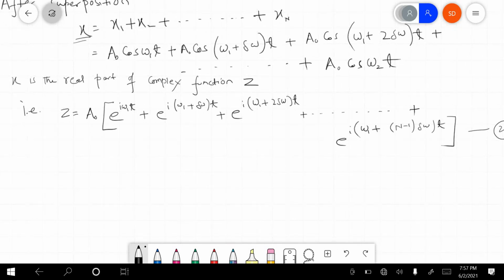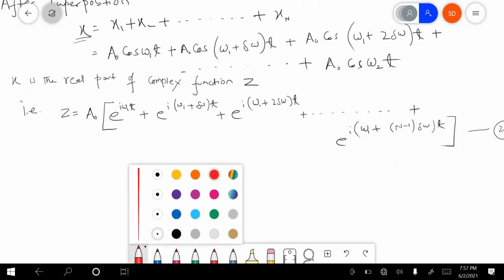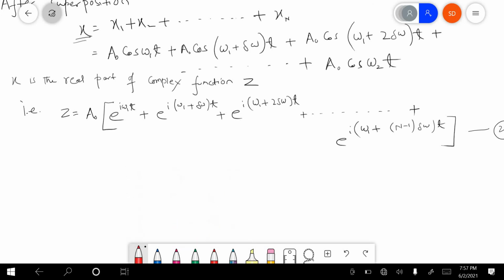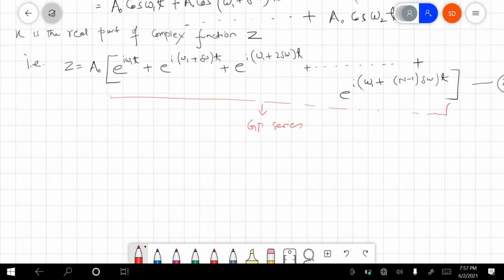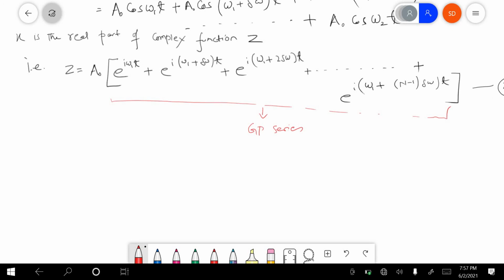Now you can see that in equation 2 the terms inside the bracket are in GP series. What is the common ratio? We can find the common ratio.